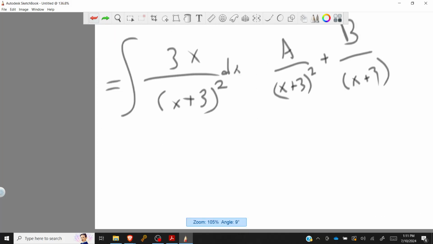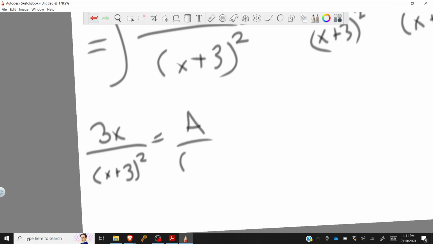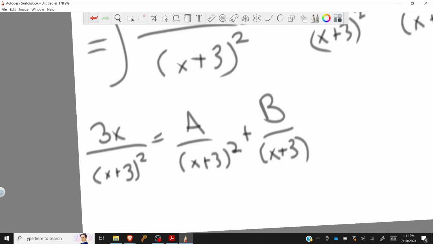So now I'm going to write the original fraction, which is 3x over x plus 3 squared, equals a over x plus 3 squared plus b over x plus 3. So I'm going to multiply this side by x plus 3 squared so that that cancels out, and I'm only left with 3x. But whatever I do to this side of the equation, I need to do to this side of the equation.